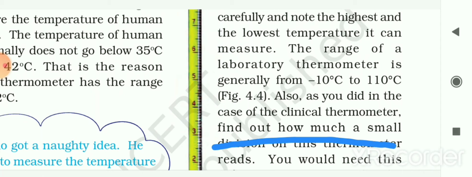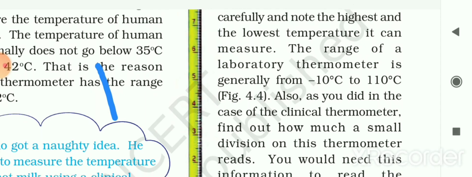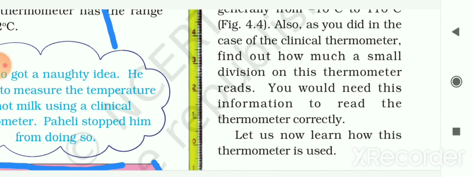Also, as you did in the case of the clinical thermometer, find out how much a smaller division on this thermometer reads. Between these two bigger marks, it is 10 degrees Celsius, and there are 10 small divisions. So each small division represents 1 degree Celsius. 10 divided by 10 means 1 degree Celsius.